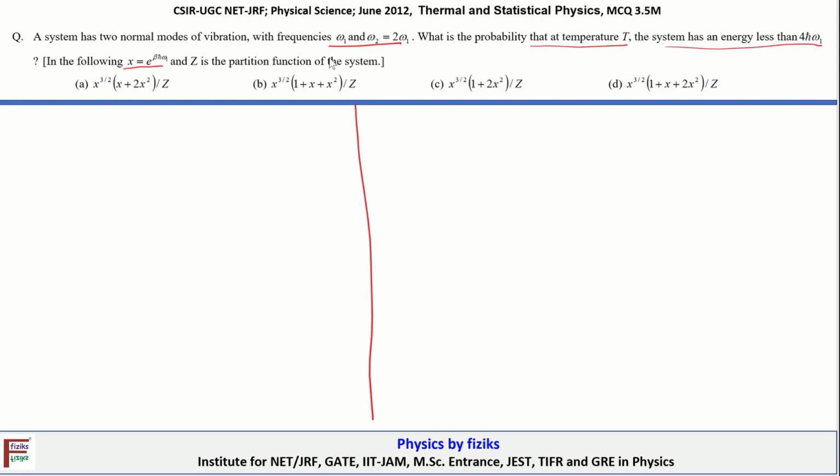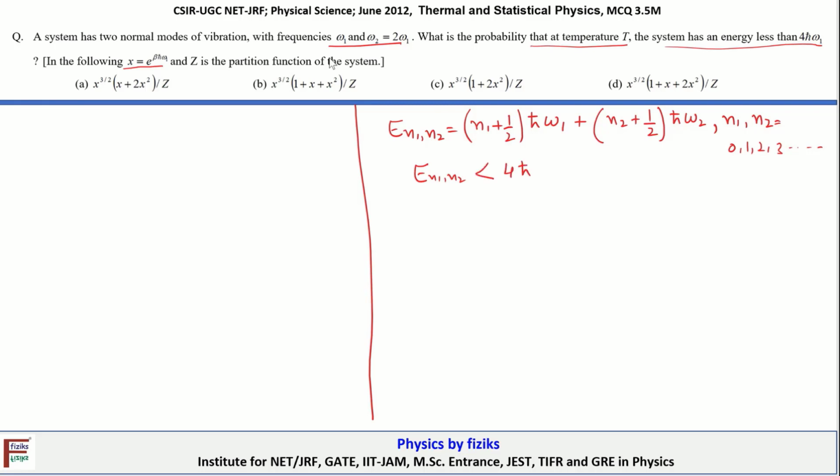Okay, so first of all let's try to write the energy spectrum for the given problem. Because we are having two different modes of vibrations, the energy spectrum of the system is given by E n1 n2 equal to n1 plus half h cut omega 1 plus n2 plus half h cut omega 2, where n1 and n2 can take values 0, 1, 2, 3 and so on, and the condition is that the total energy of the system E n1 n2 should be less than 4 h cut omega.